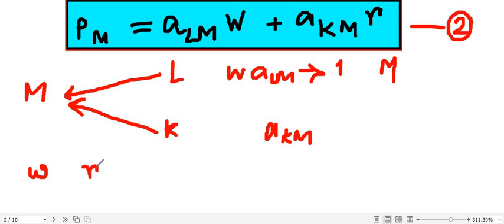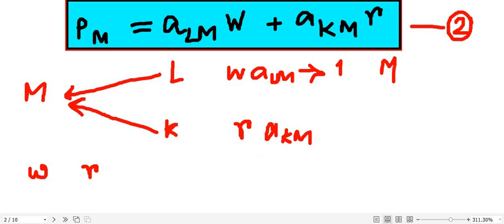Similarly, if I assume that R is the return on capital, basically the capital cost that I have to incur for every unit of capital that I employ in my production process, then a total of AKM capital has been used in producing 1 unit of manufacturing product. So I have to incur R into AKM. This is the number of capital units, this is the cost of each capital, so together they form the total capital cost that I have to incur.